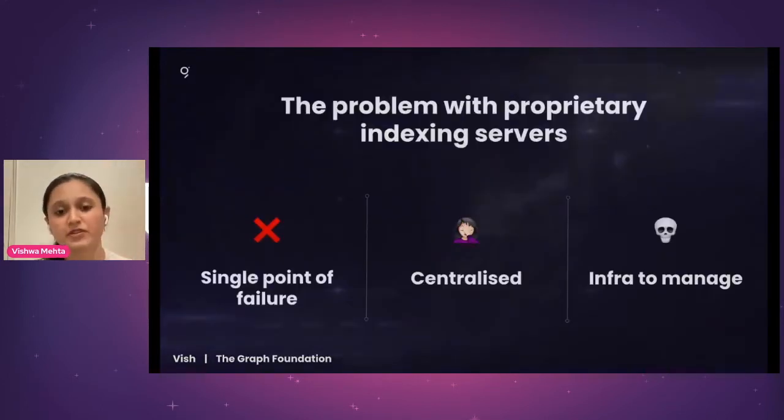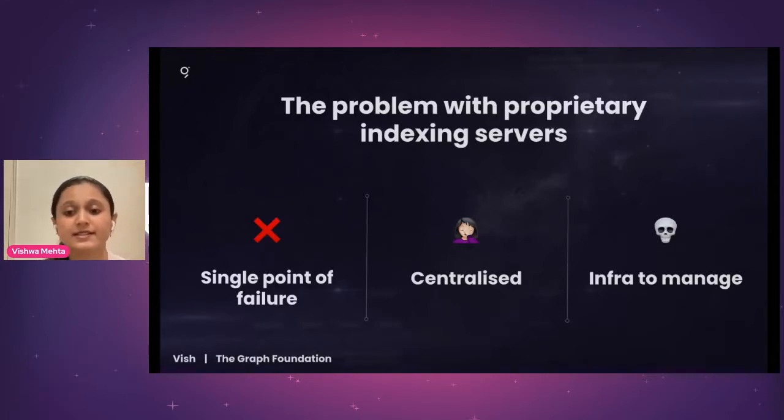The problem with the proprietary indexing servers, even if you decide to run and maintain one, is that first, it is a single point of failure. So if your server goes down, the source of your application data is down, right? There's no indexing happening, and so your application is down, and it's not getting any data served to it on the front end.